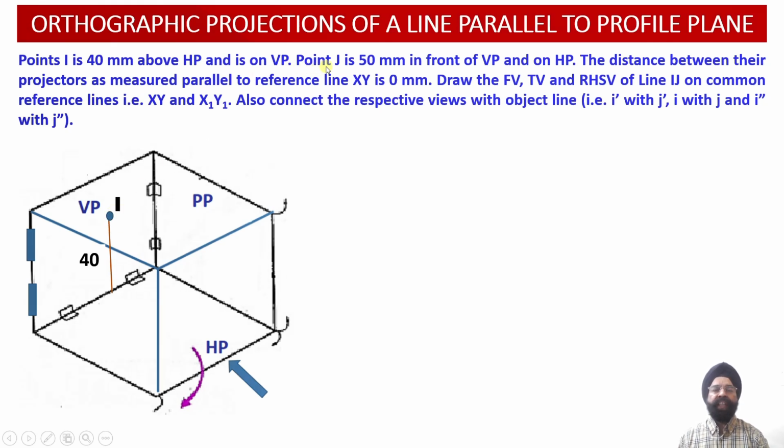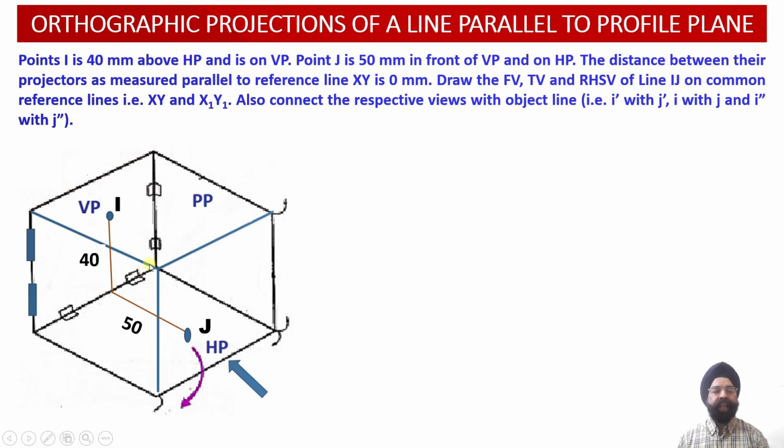Similarly, there is another point, point J, which lies 50 millimeter in front of the vertical plane and it is lying onto the horizontal plane. So this point J is lying 50 millimeter in front of the vertical plane. This is our vertical plane, so we can check over here.